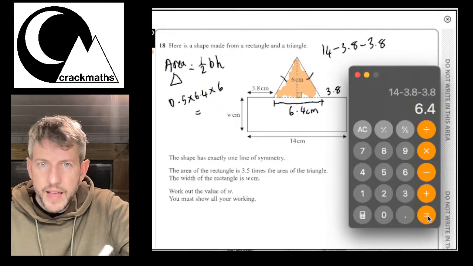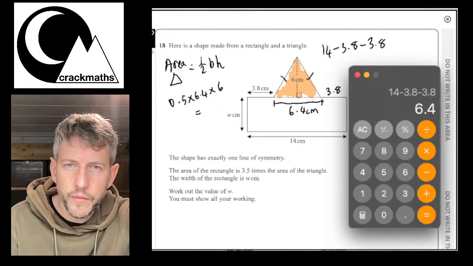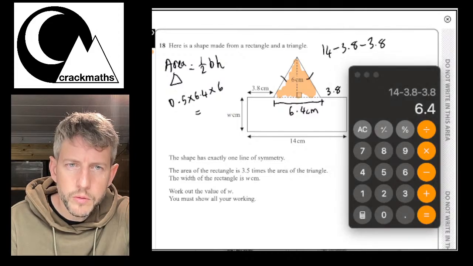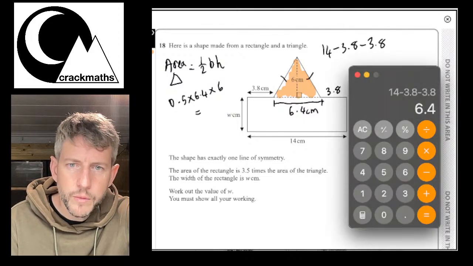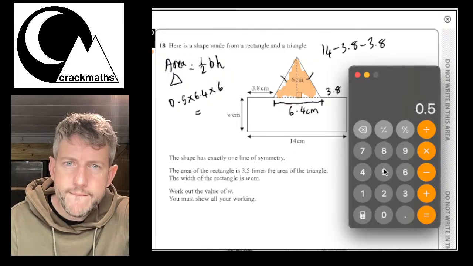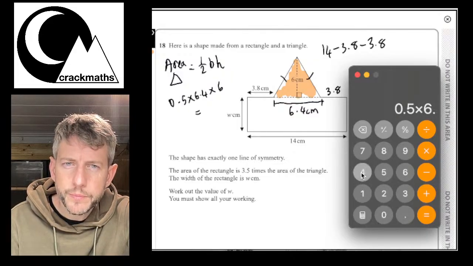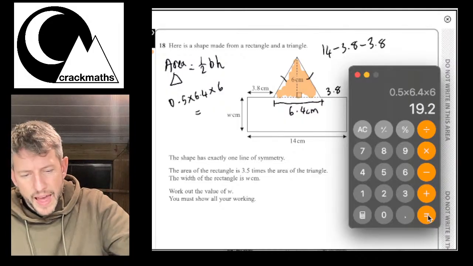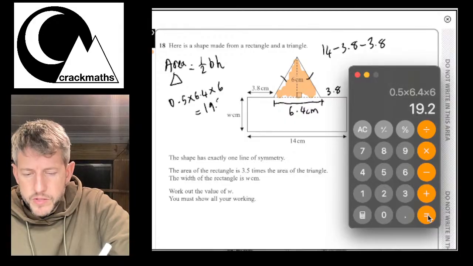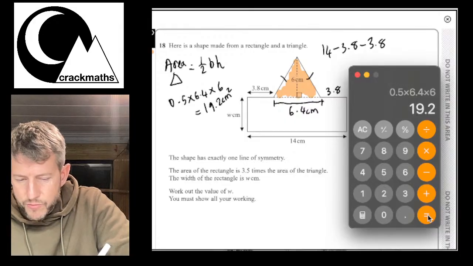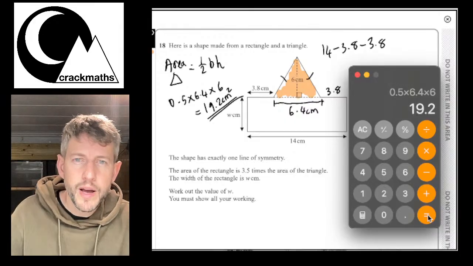I'm going to just do that on the calculator. 0.5 times 6.4 times 6. So the area of that is 19.2 centimetres squared. Remember, we measure areas in squares.